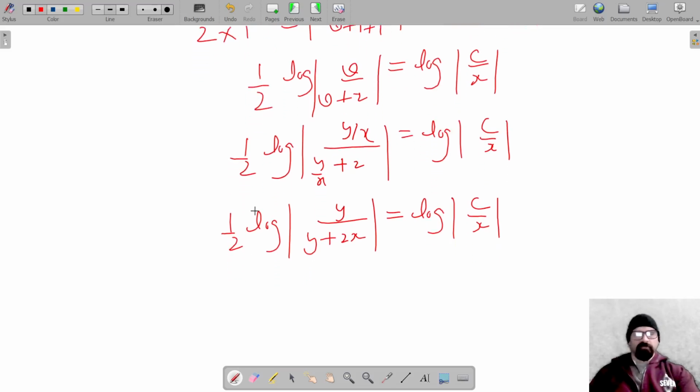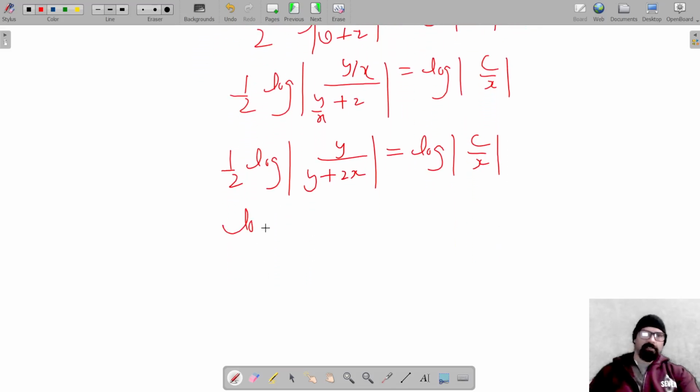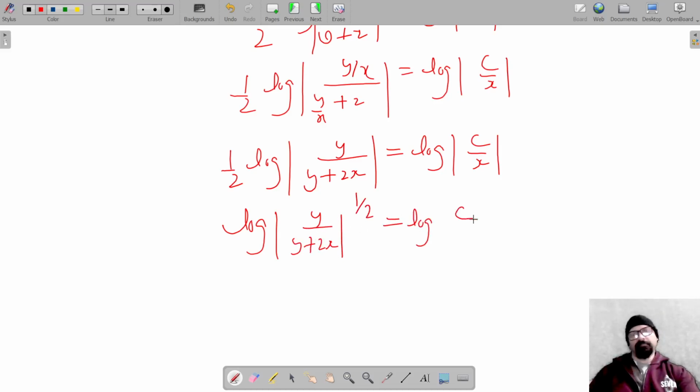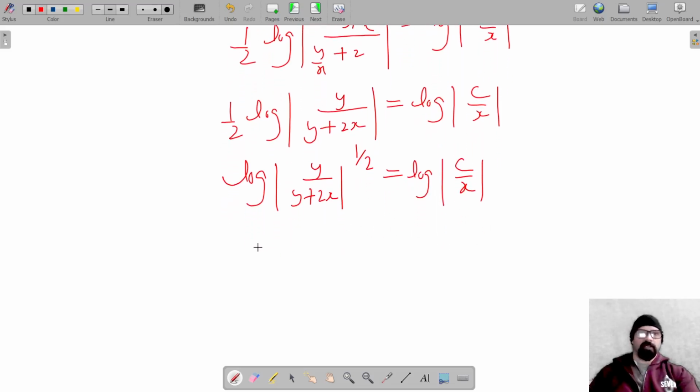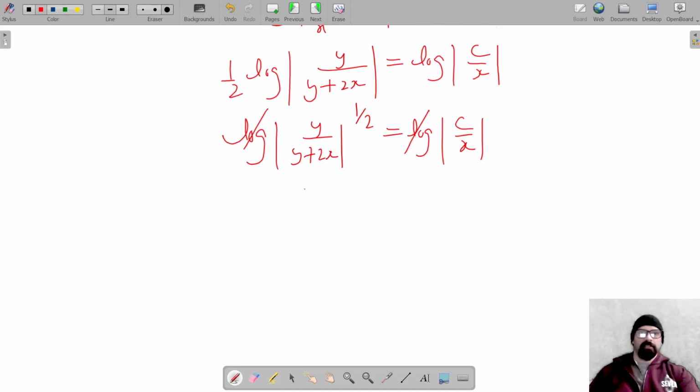So this is half, and half means I can use it as a power here, half means the square root. So now we can take off the log, and this is y upon y plus 2x to the power half is equal to c by x.